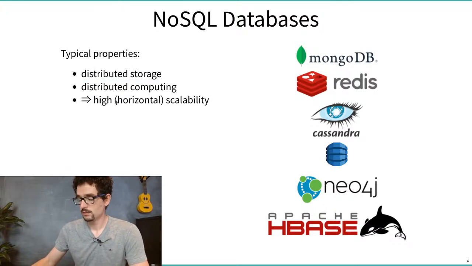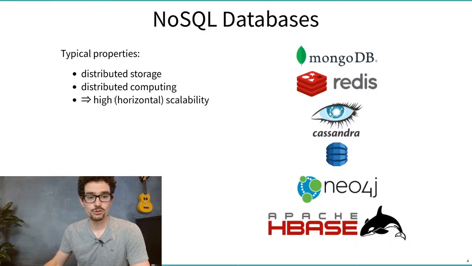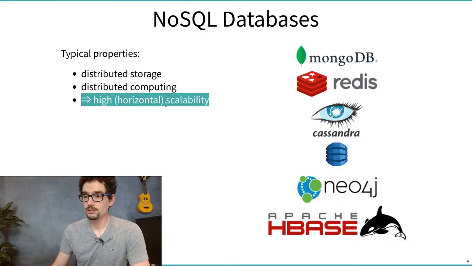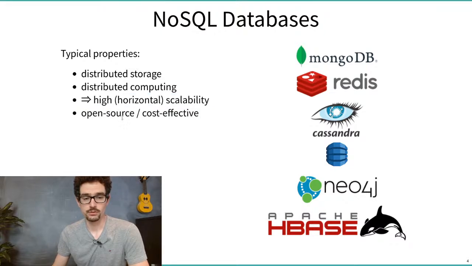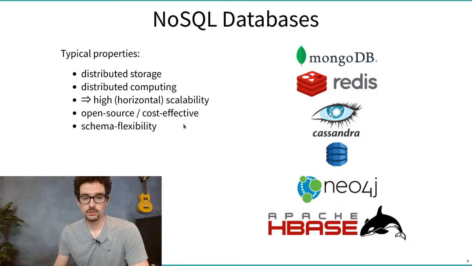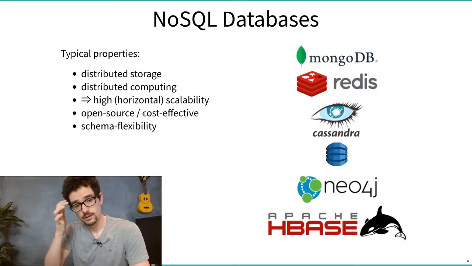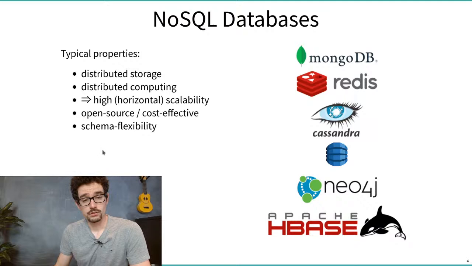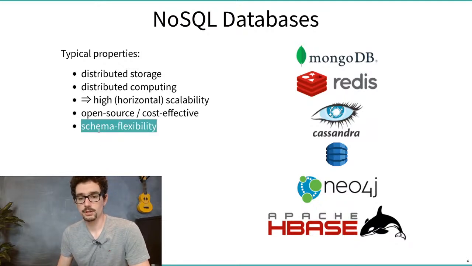Another property I show to you, high scalability. Simply add more machines and the whole system gets faster. Most NoSQL databases are open source and thus very cost effective. And schema flexibility is a typical property. You don't have to say create table and then these columns and so on.